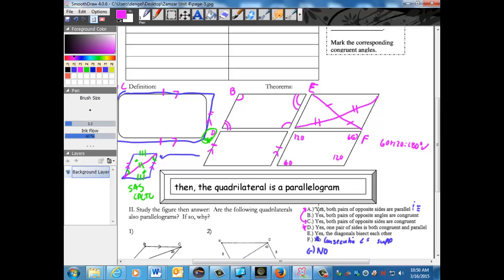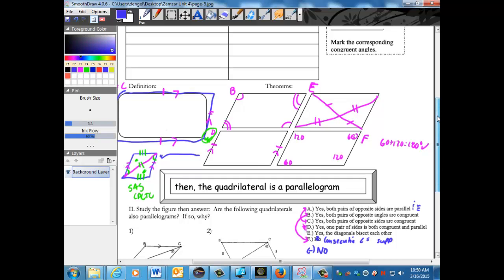Also, this is just another way for F. F is in a sense the same as B. Why would F and B be the same? Well, in B you see that opposite angles are congruent, and in F you see that opposite angles are also each congruent. It's also showing that the same side interior or consecutive angles are supplementary.